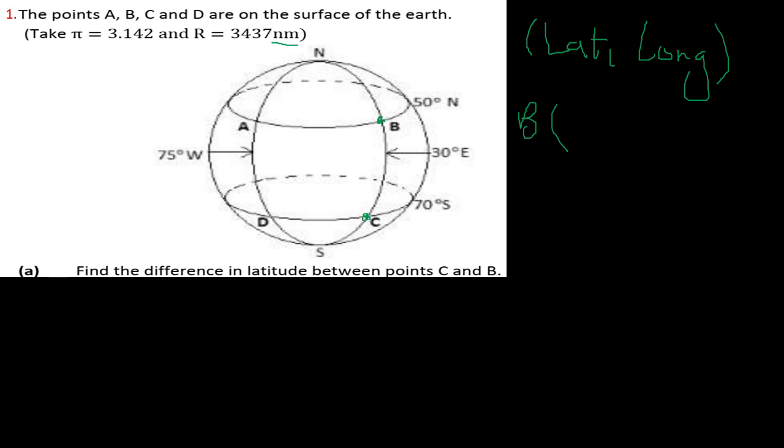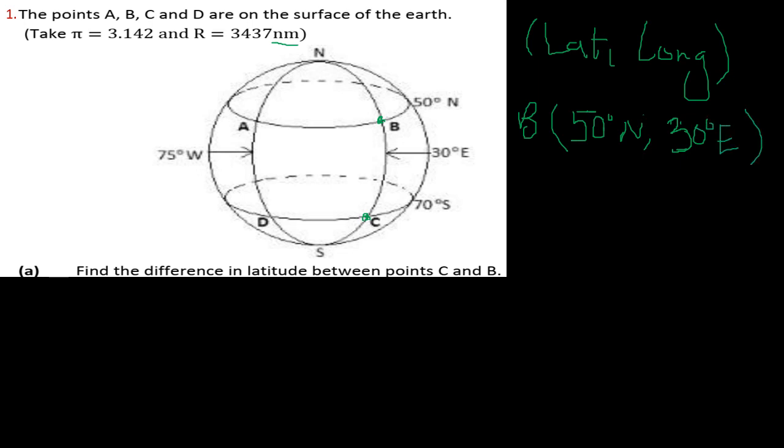So this is the latitude where point B lies, 50 degrees north, comma, then it lies on longitude 30 degrees east.